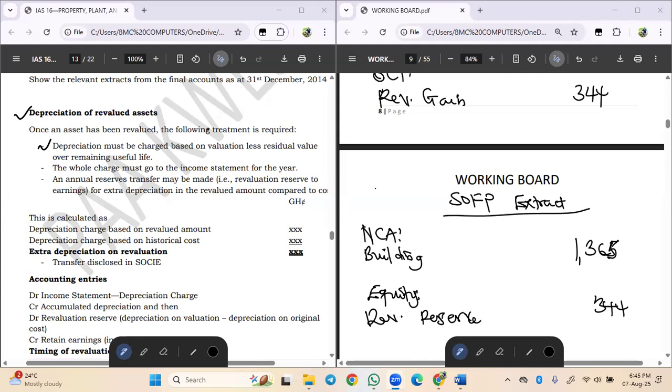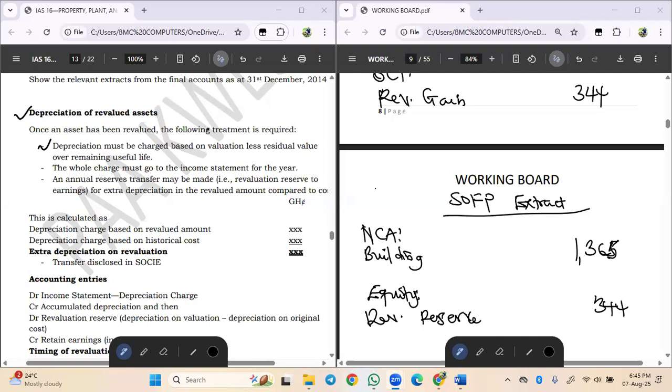Okay, so you solve some examples and you will get to appreciate the concept. And we are saying that in the year of revaluation, that depreciation charge must go to P&L, that's the income statement for that particular year.